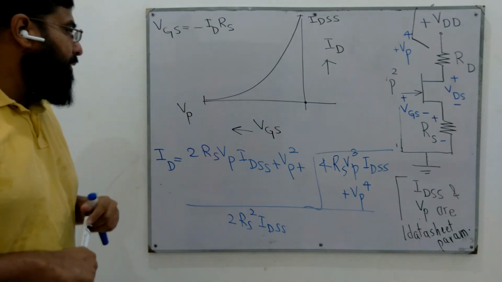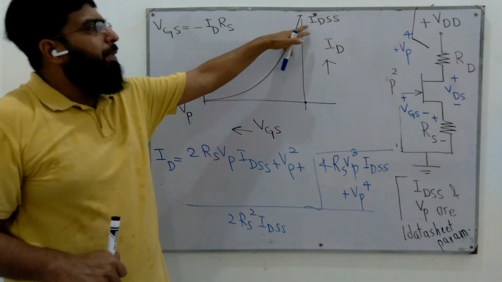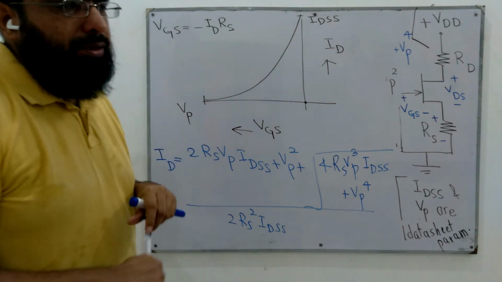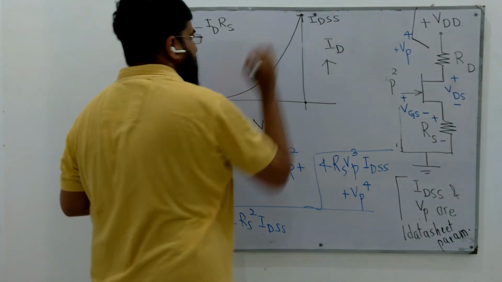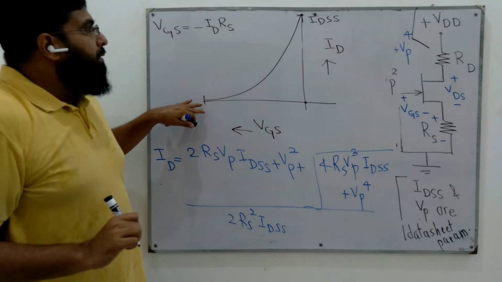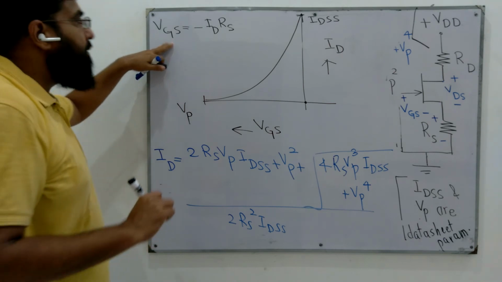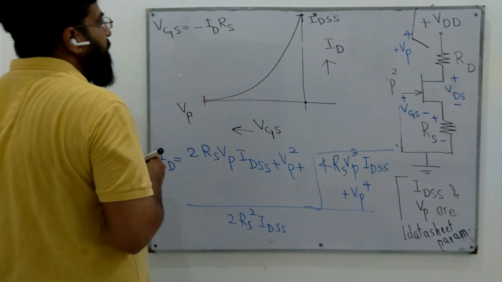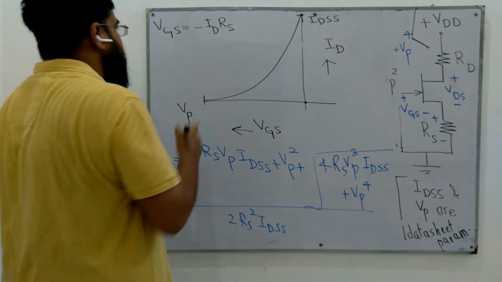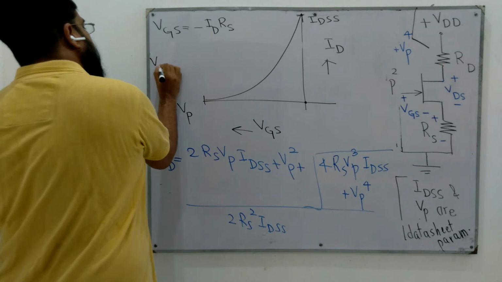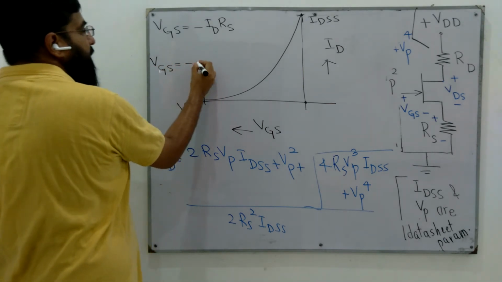To find the other point, we see what is the maximum possible current when VGS is 0. We already know that when VGS is 0, the maximum possible current IDSS flows. When we have this IDSS current flowing, what is VGS then?